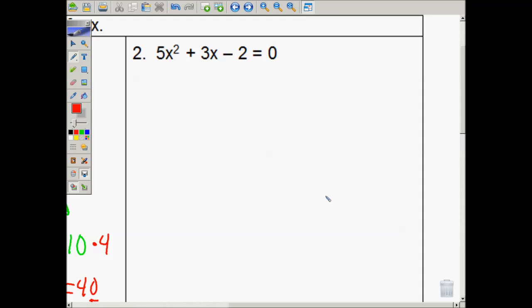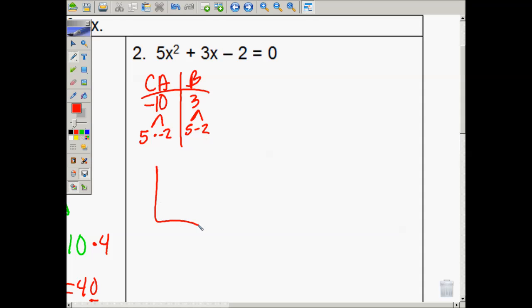With cab, since you're more comfortable with that, it's A times C, and B. So 5 times negative 2 is negative 10. We agree? And my B is 3, so it multiplies to give me negative 10, but adds to give me 3. That's 5 and negative 2. Once I have those numbers, I can put them inside my little box.